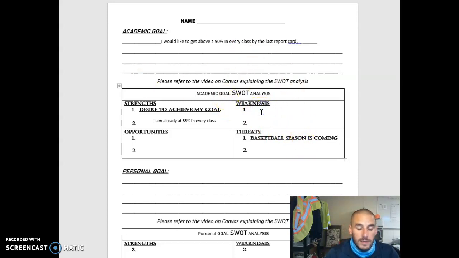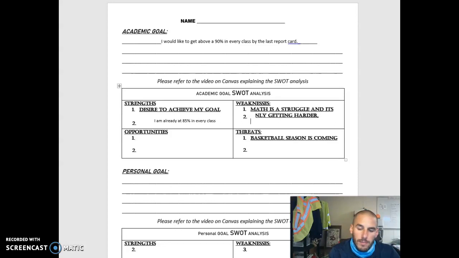Okay. A weakness would be math is a struggle and it's only getting harder. Okay. And another weakness you might have was, let's see if I can get this here.